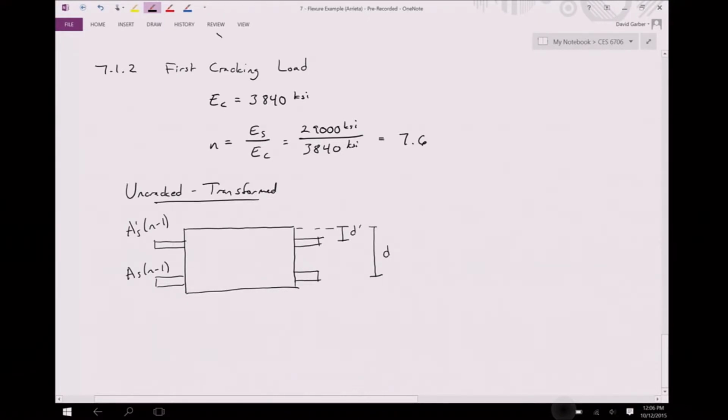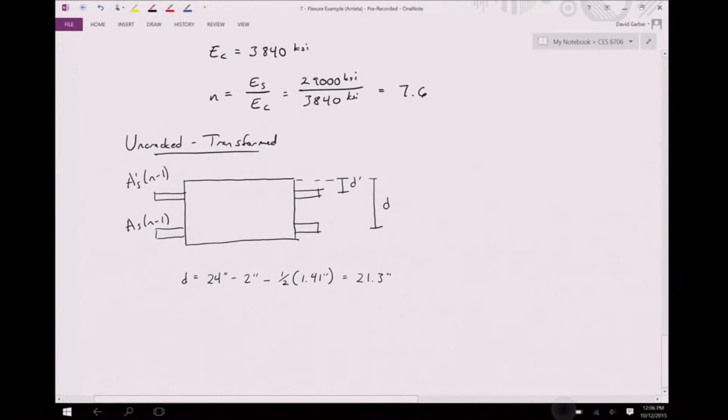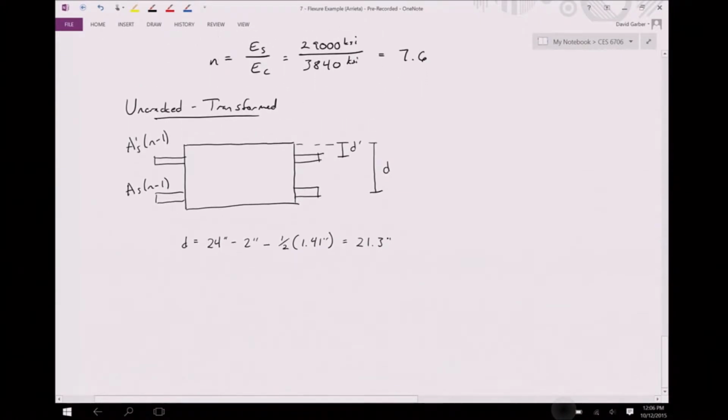So the depth of our top steel d we can find as 24 inches minus 2 inches minus 1/2 times the diameter of our number 11 bars. And this will be 21.3 inches. So now we're ready to find the rest of our properties.